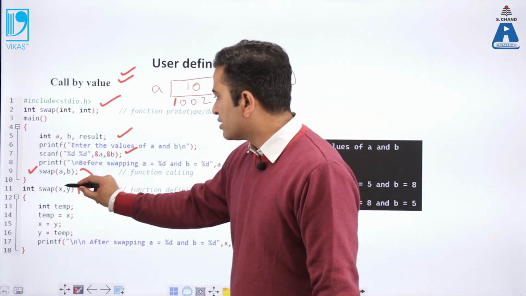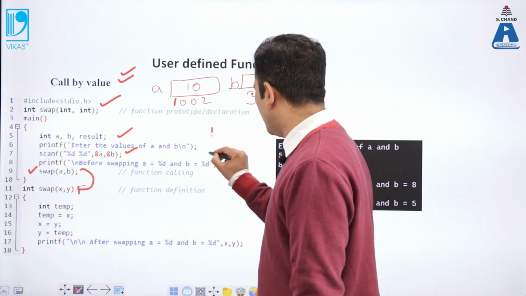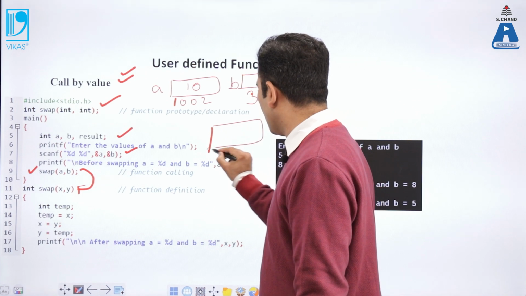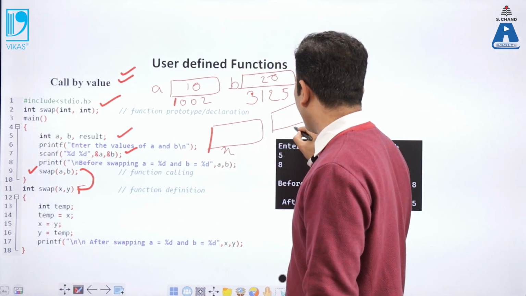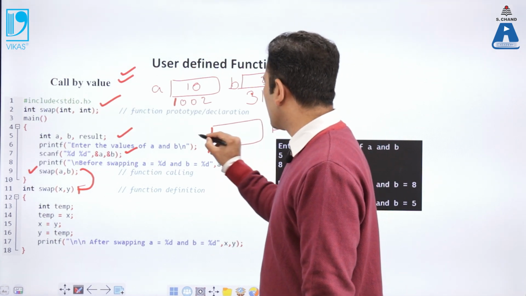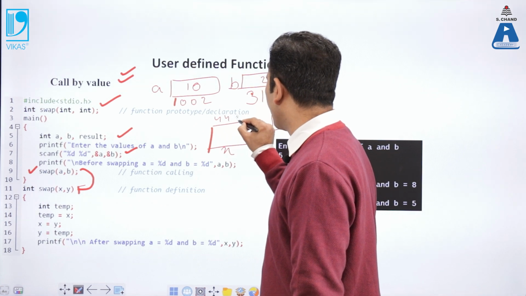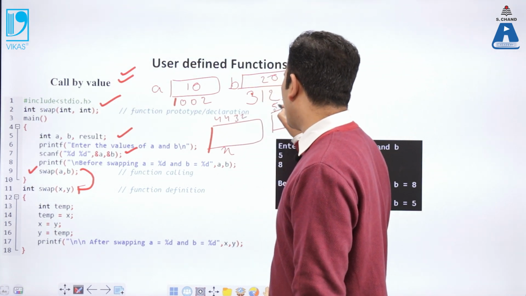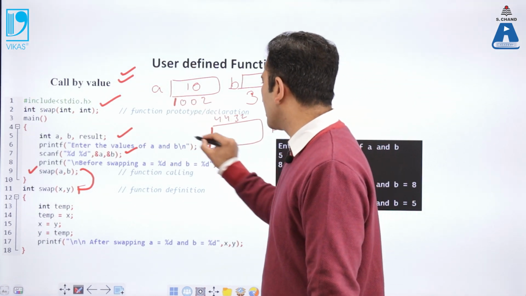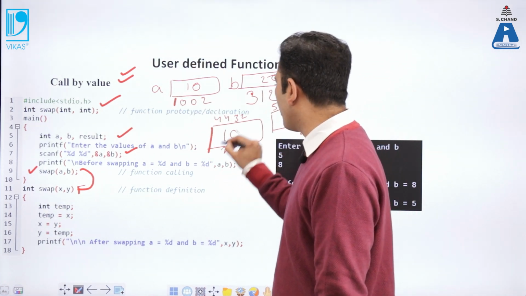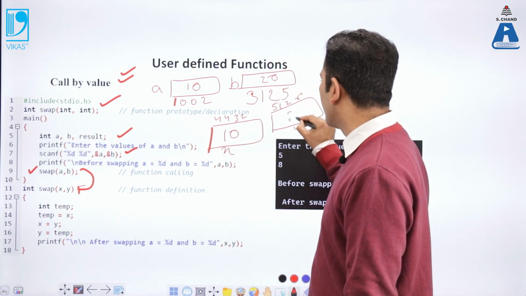A is passed to X and B is passed to Y. So here, this is the X variable at another location in memory. Let's suppose the locations are 4432 and 5126. This is some memory address. So A is passed to X, now the value of X is 10, and B is passed to Y, the value of Y is 20.